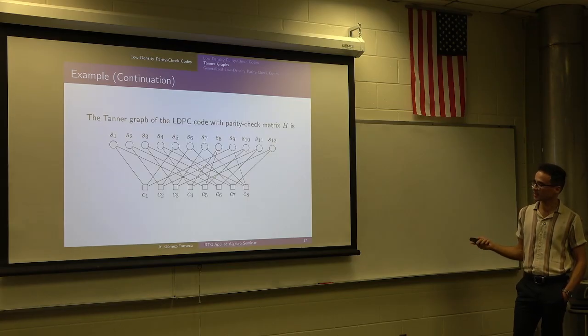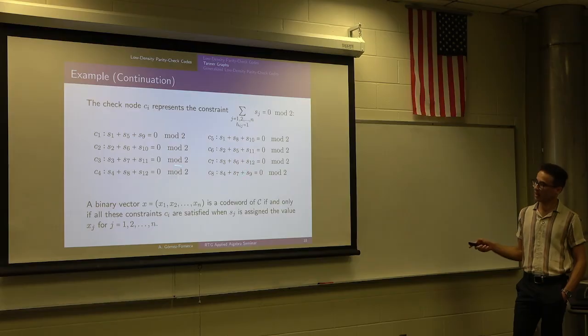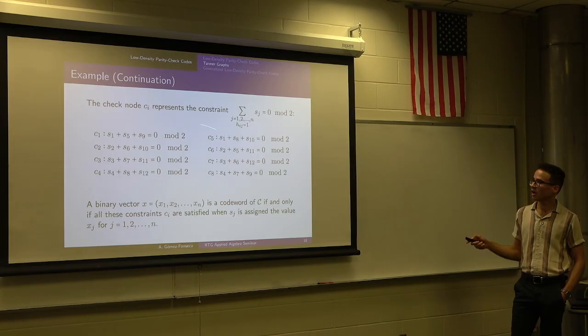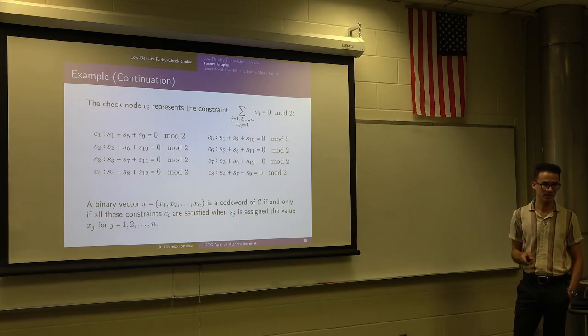So in our previous example, in this Tanner graph, we have 8 check nodes, so we have 8 constraints. And a binary vector x equal to x1, x2, up to xn is going to be a code word, an element of our code, if and only if all of these constraints are satisfied when you replace Sj with the coordinate xj in that binary vector.